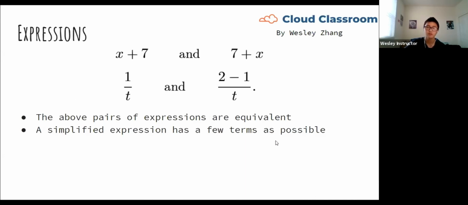There's a typo here. The one on the left is expressed in 1 term, but the one on the right is expressed in 2 terms. So when we combine the 2 and the -1, we get 1, and this becomes a 1-term expression.